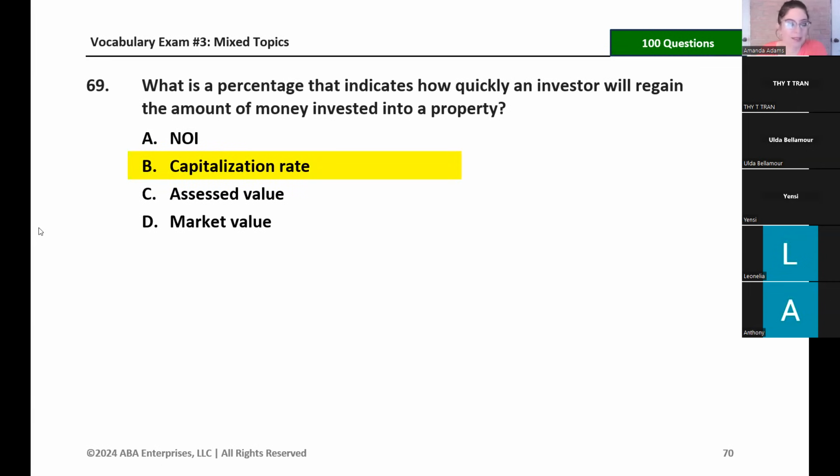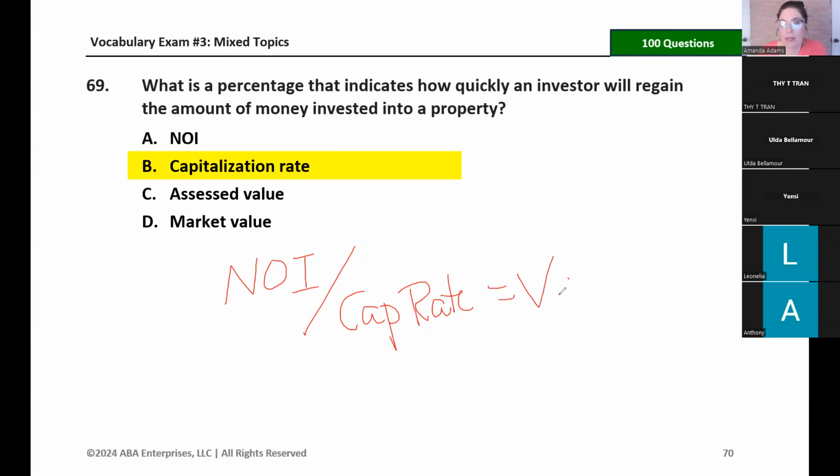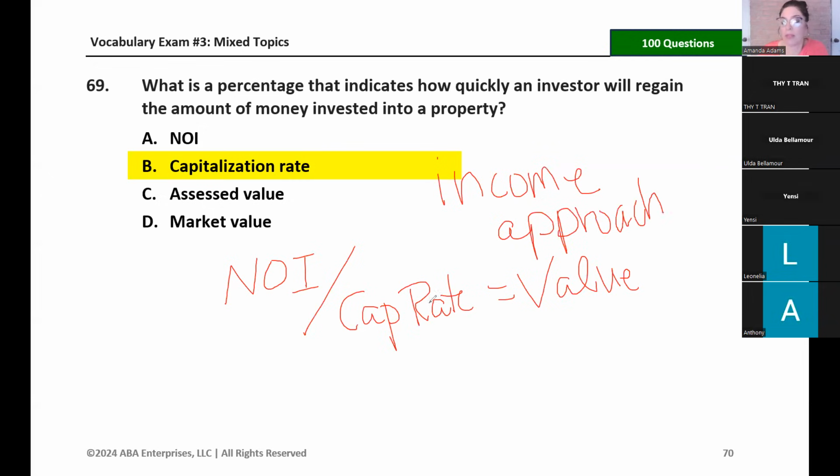Remember, if you take the NOI, the annual net operating income, and divide it by your cap rate, that equals your value. NOI divided by cap rate equals value. This is part of the income approach to value. All right, very good.